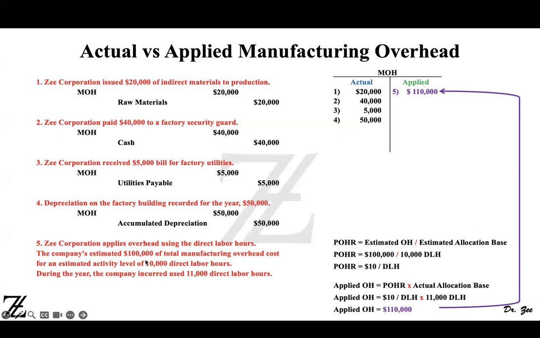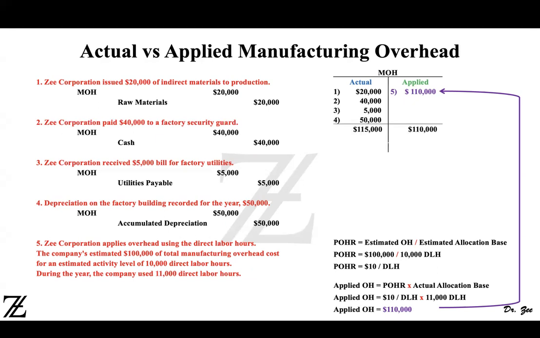So that's applied overhead. Now the left-hand side is the actual overhead and the right-hand side is the applied overhead. Now at the end of the period, you have to calculate the balances in each account, whether it's the work in process account, finished goods account, manufacturing overhead account, or any account. So now you calculate the balance of the MOH account.